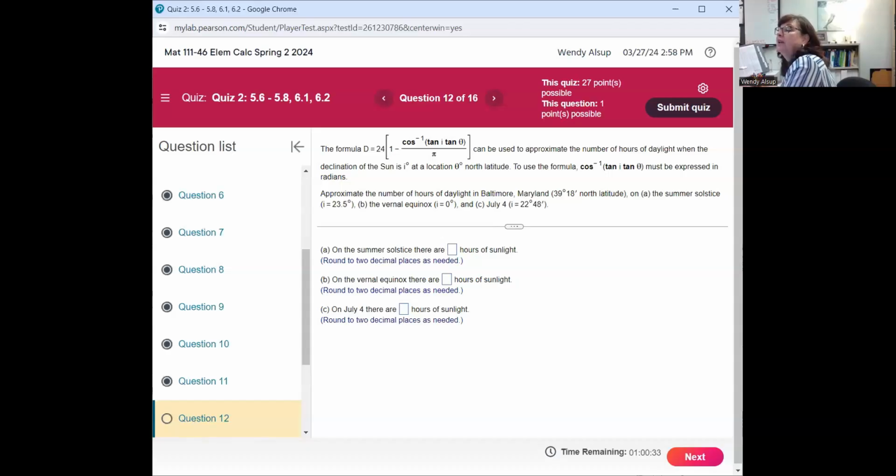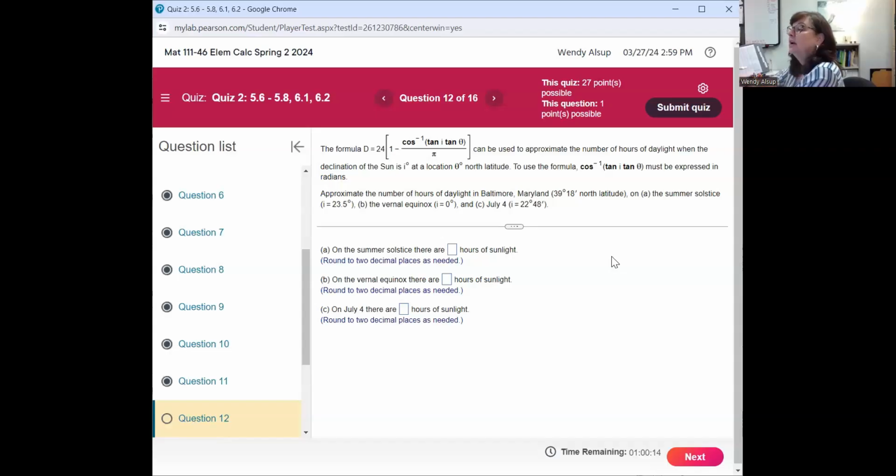To use the formula, the inverse cosine of tangent I tangent theta must be expressed in radians. And all of our measurements right now are given to us in degrees. So our first step is to convert 39 degrees, 18 minutes to radians.